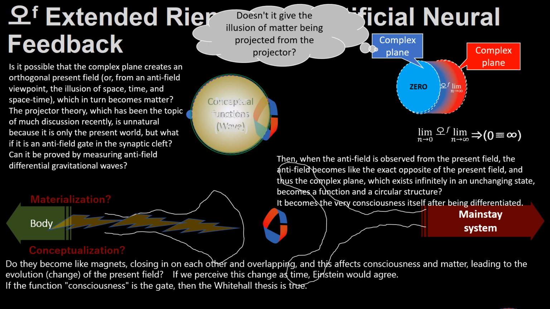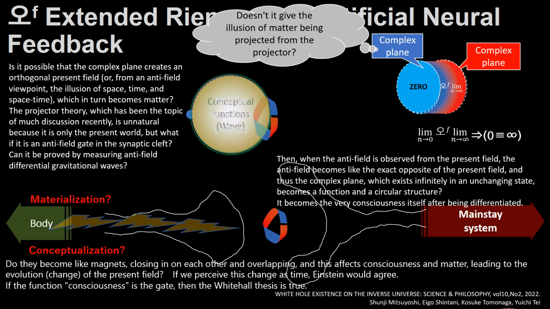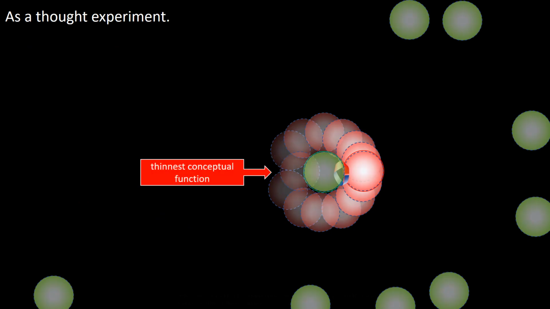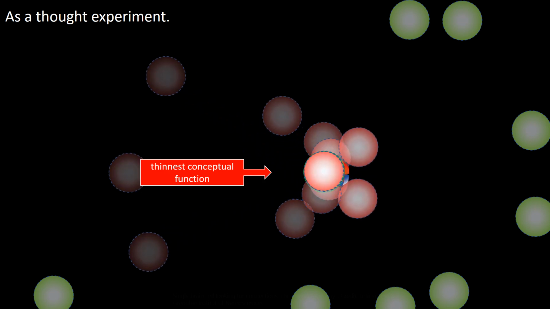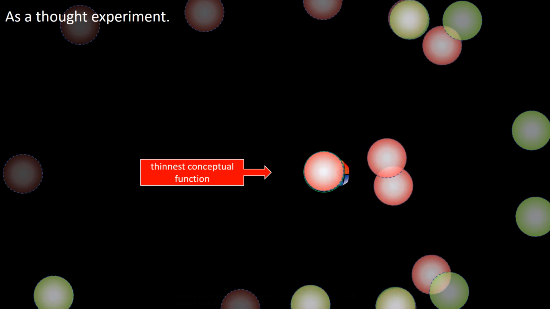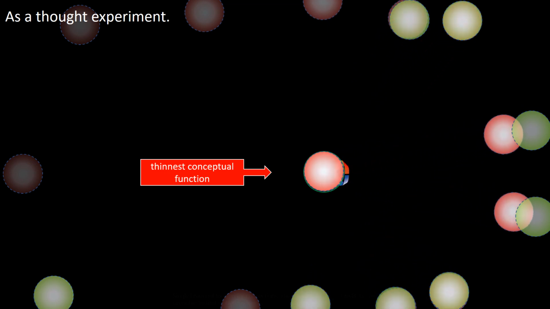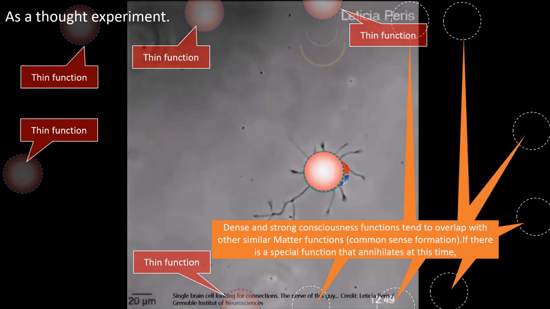The projectile theory, which has been the topic of much discussion recently, is unnatural because it is only the present world. But what if it is an anti-field gate in the synaptic as a thought experiment, thinnest conceptual function? Dense and strong consciousness functions tend to overlap with other similar matter functions.